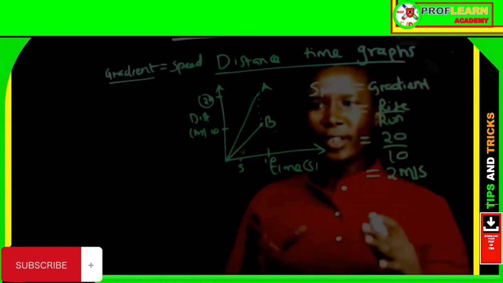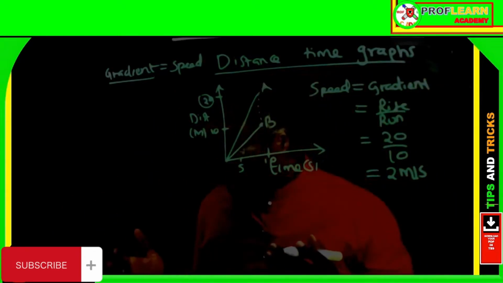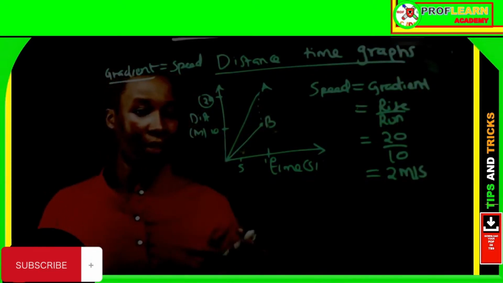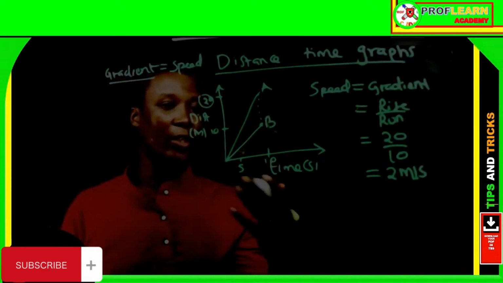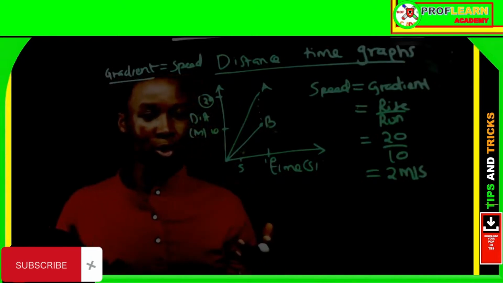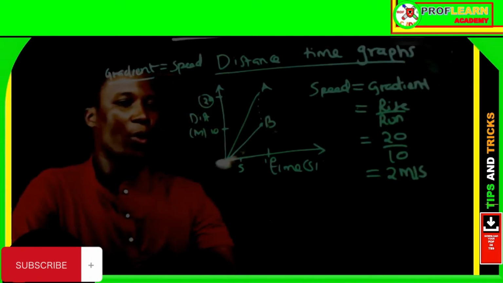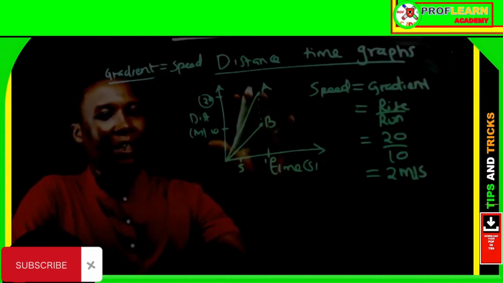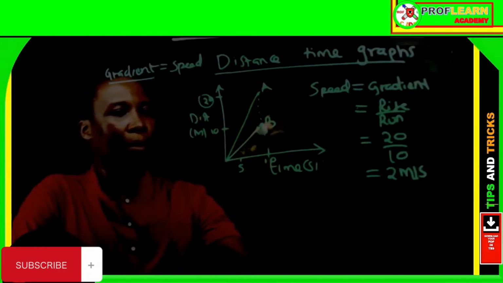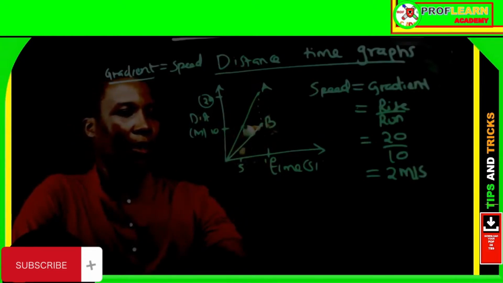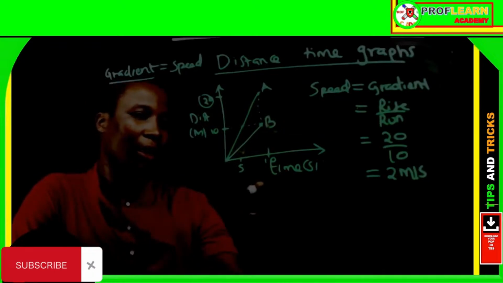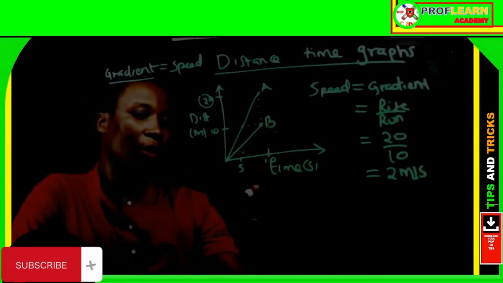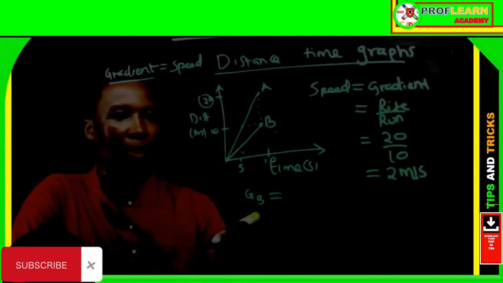When you look at this, object A has a greater gradient compared to B. Now, this is 10. So the gradient of B is going to be what?